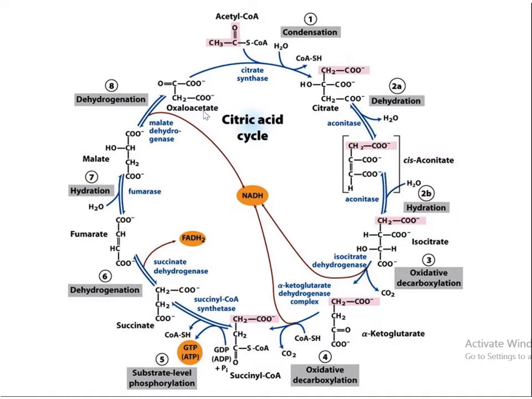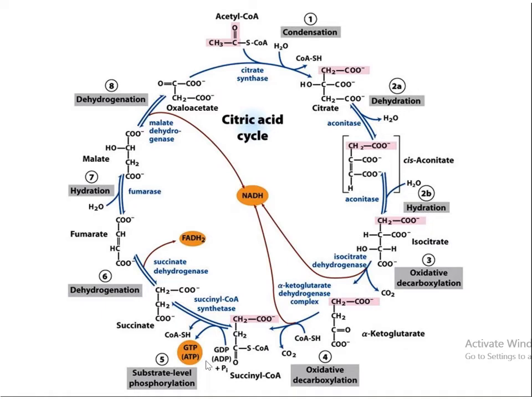So the oxaloacetate then becomes available to combine with another acetyl CoA to start a new cycle all over again. So the final result of the citric acid cycle is 3 NADH, one from here, another from here, another from here, and FADH2 from here, and an ATP or GTP.